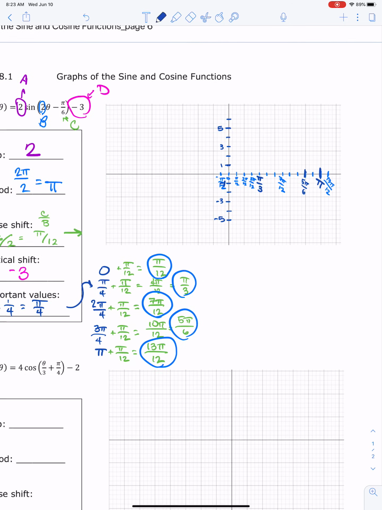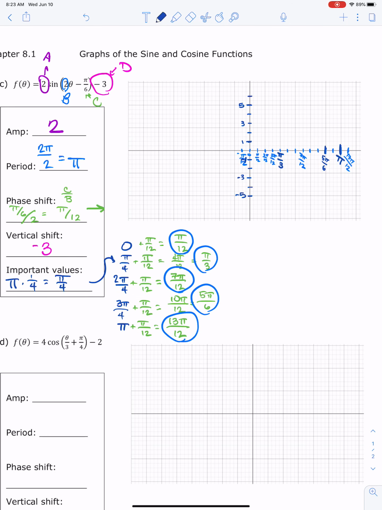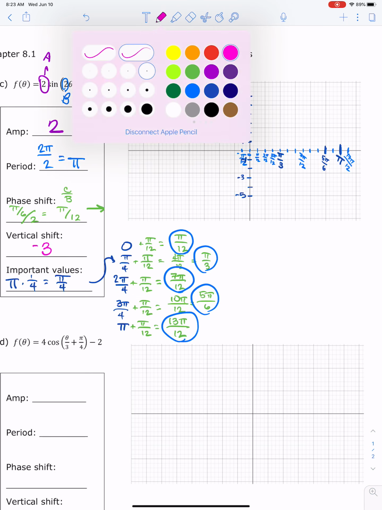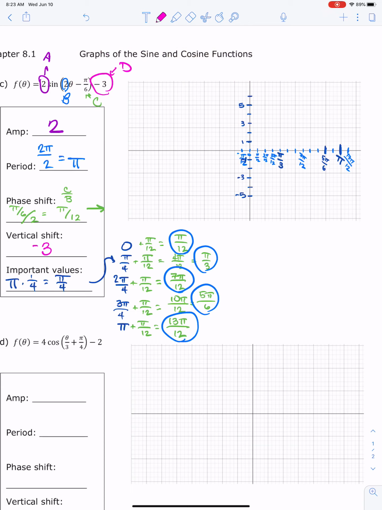And so I'm going to start by sticking that vertical shift in. To be honest with you, if I were graphing this on paper, I would make this a dotted line. It's not actually part of the graph. Our midline tells us where our zeros would be before any transformations. This program, though, won't let me draw a super straight dotted line. My lines are not super straight. If I connect it, it straightens it for me, so I'm going to go with that.